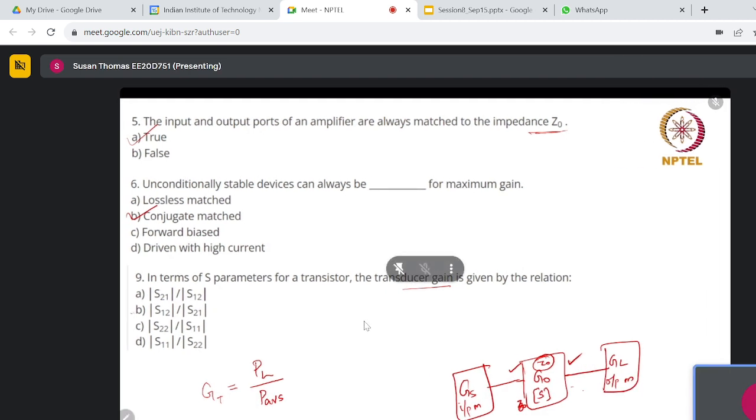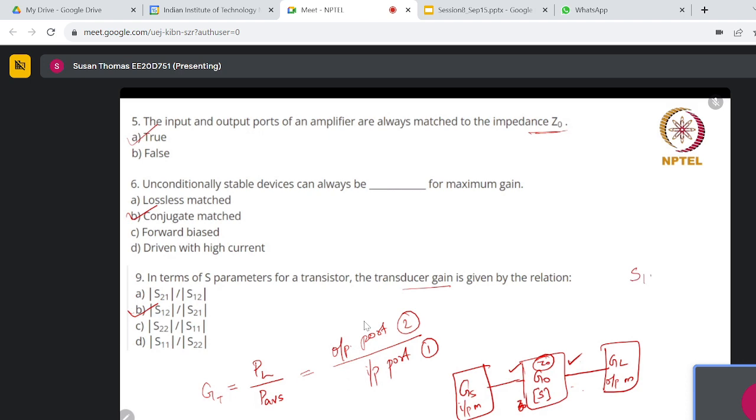The answer is mod S12 by mod S21. So you know that transducer power gain is the ratio of measured power at port 2, which is basically the output port, to the power at the input port, port 1. So it can be redefined. You know what S12 and S21 are.